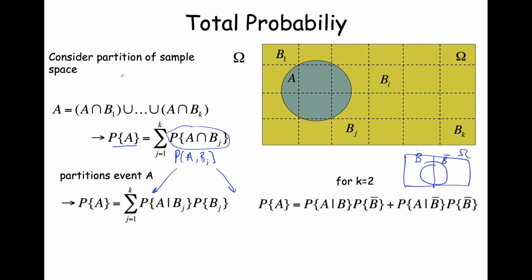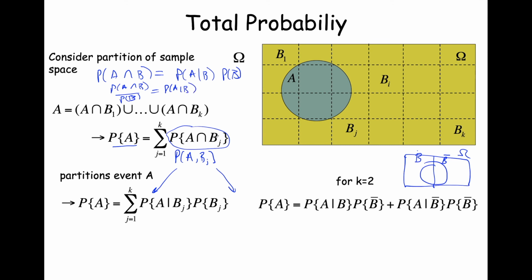Remember what the product rule says: the probability of A and B is equal to the probability of A given B times the probability of B. And recall, we got that from the definition of conditional probability, which says the probability of A and B over the probability of B is equal to the probability of A given B.